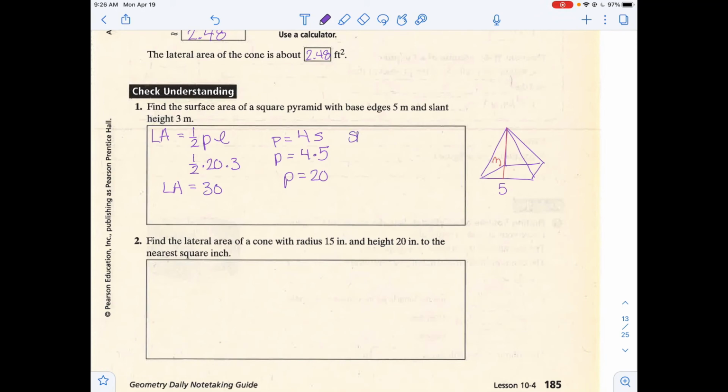Now we know surface area total is lateral area plus the area of the base. The area of this base is side squared. So 5 squared is 25. So surface area equals 30 plus 25. So this surface area would be 55 meters squared.